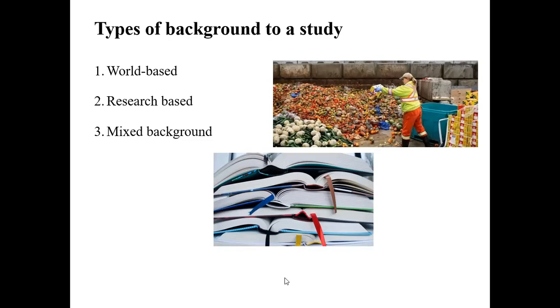Or maybe it can come from the literature, that is research-based. In most cases, when people do research, they will discover as they go through other sections of their research that there are things that can be done that are not yet done and can be done by someone else.